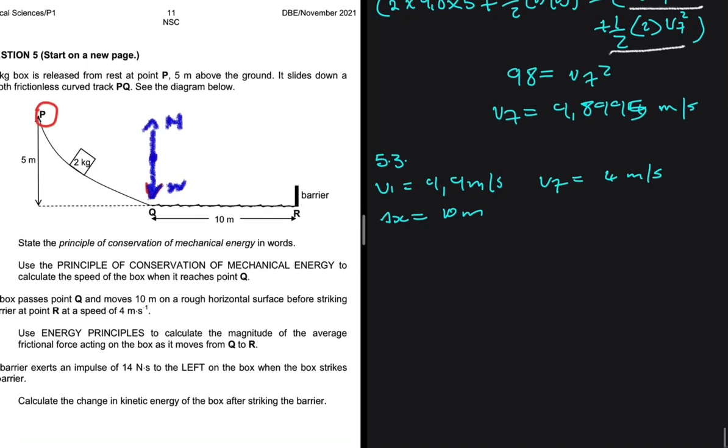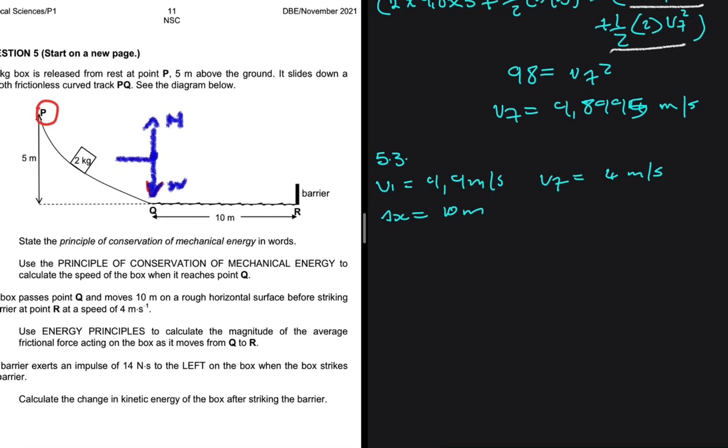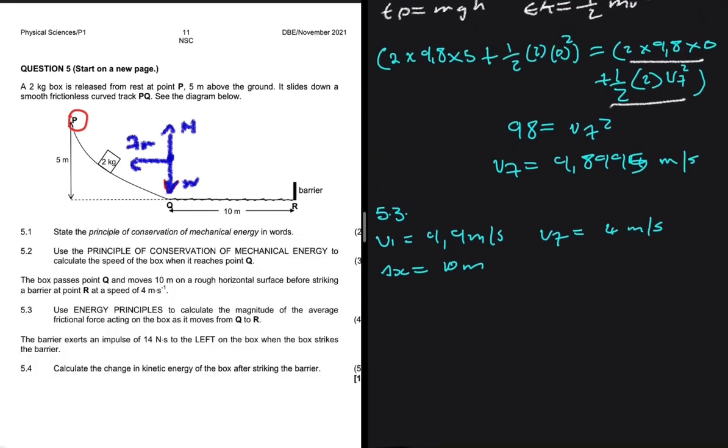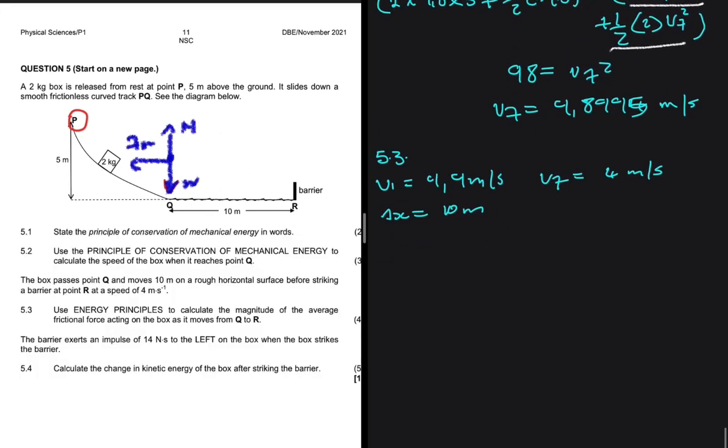There's only frictional force. So F net in our case is just frictional force, because that is the only force that is acting on our object as it moves from Q to R. So we have also F net, which is equals to the frictional force, right?